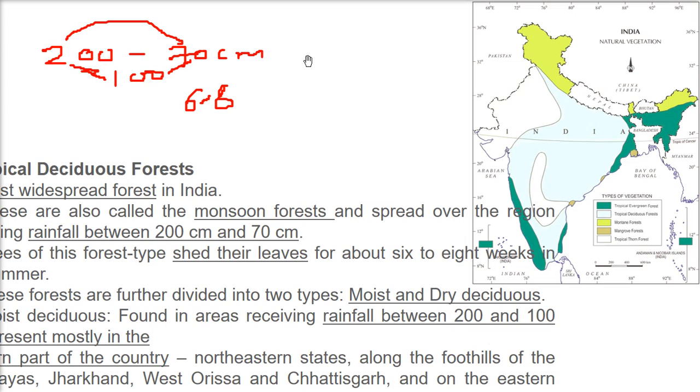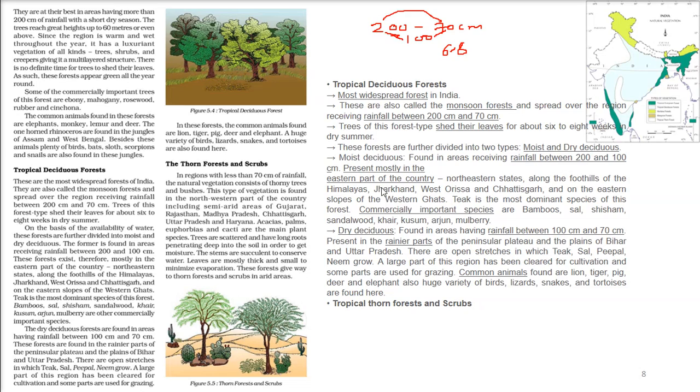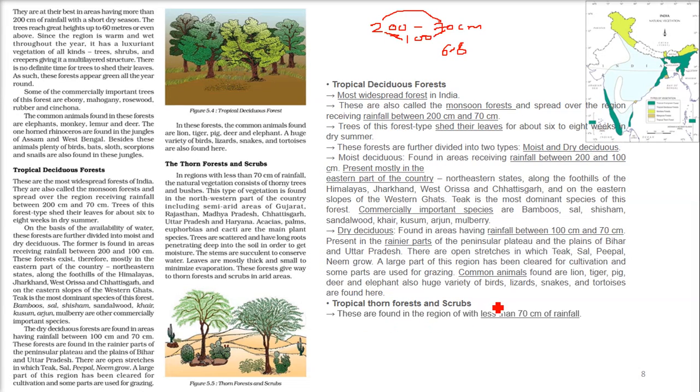This is the rain shadow region, where a mountain is there, and this is the other side of the mountain, so this region gets less rain. So we will find tropical thorn forest here. These are found in regions with 70 centimeter and less rainfall.